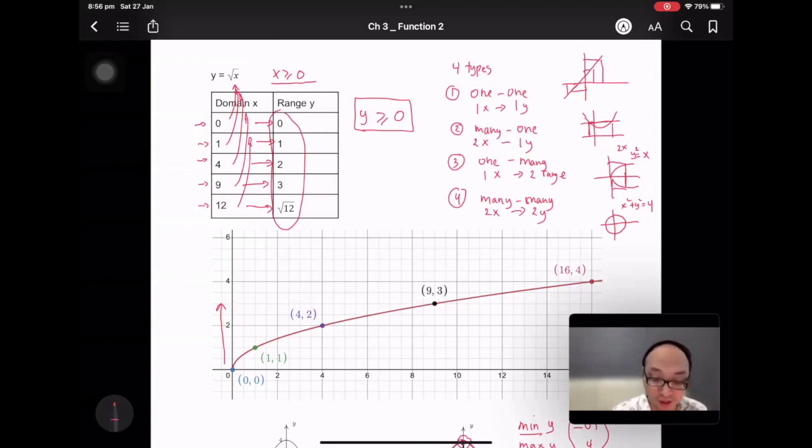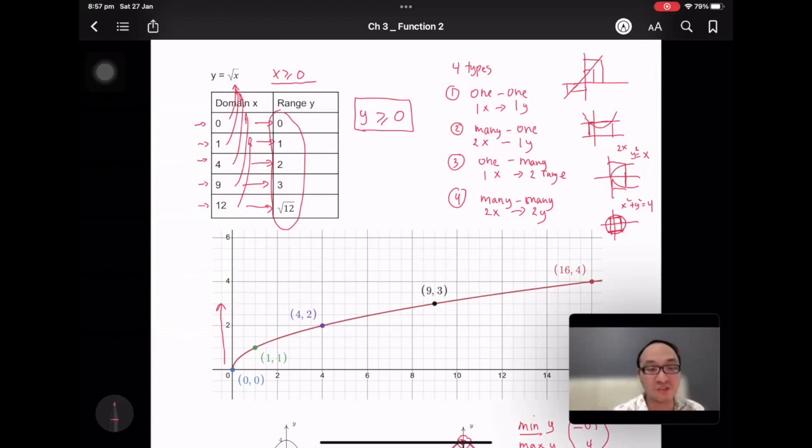So there are two x that produce one y, or even more. So that means many x values produce many y values.